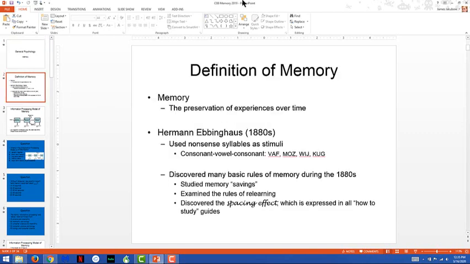Memory is defined in a very simple way. I suppose it could be defined in quite a bit more specific biological manner.